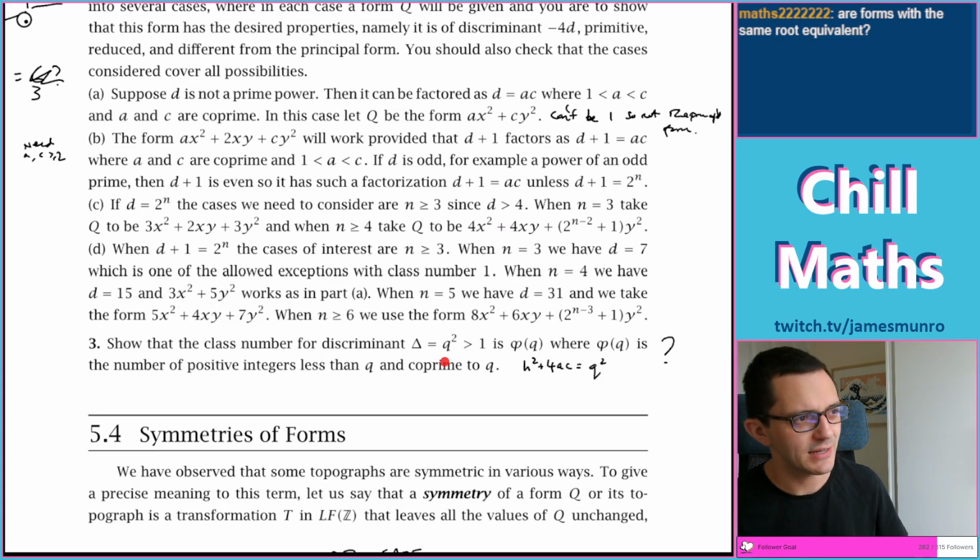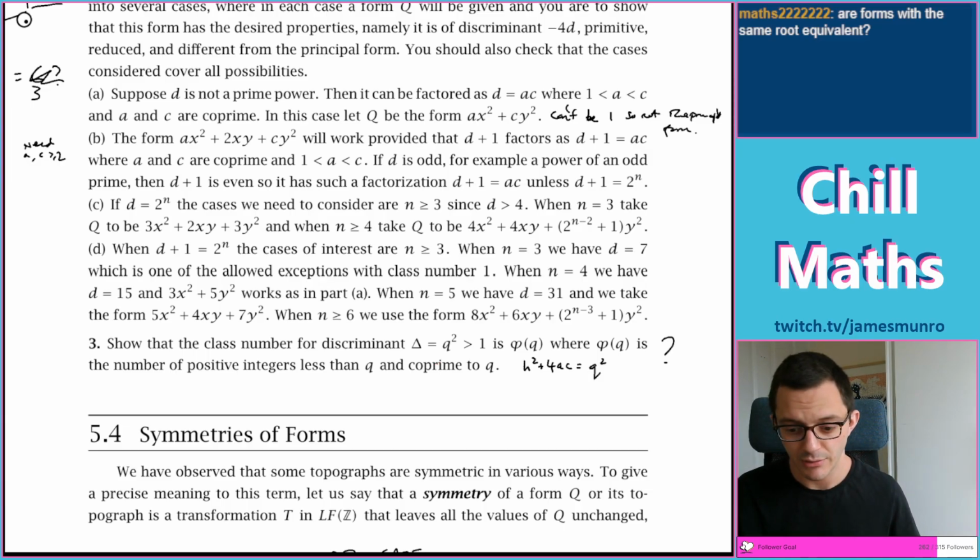Discriminant's a positive square, so this thing will be 0 twice. And then the thing we're asking about is the around that 0 region. So around that 0 region, what happens?